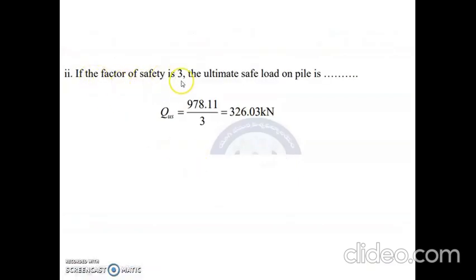If the factor of safety is 3, then the ultimate safe load on the pile can be calculated using the formula QUS equal to 978.11 divided by factor of safety, that is 3, which is equal to 326.03 kilonewton.